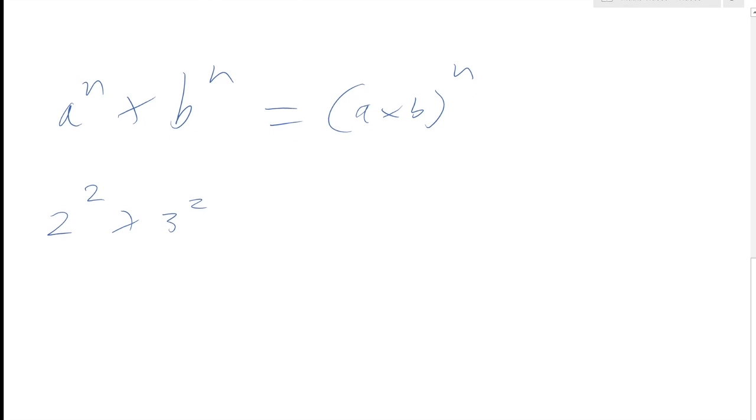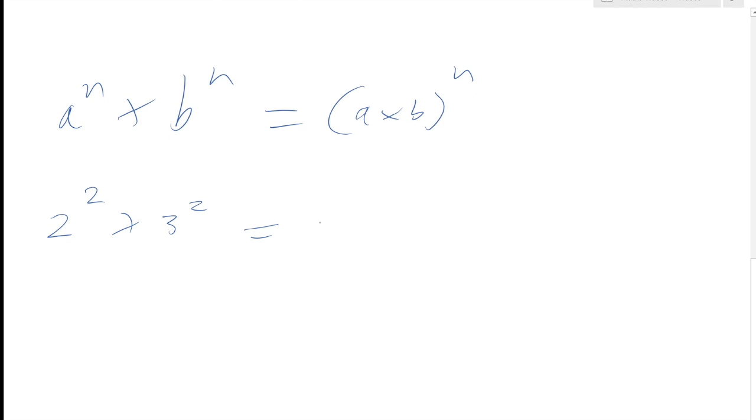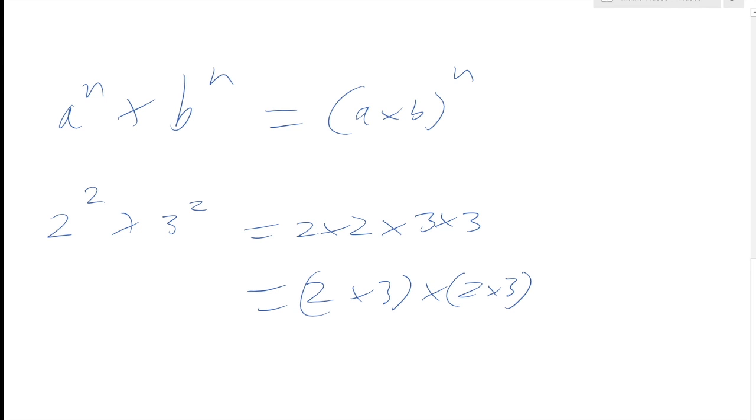Obviously, we know that 2 squared equals 2 times 2 and 3 squared equals 3 times 3. And when multiplying that together, we can write that as 2 times 3 times 2 times 3, because multiplication is commutative, which means that the order in which you multiply the two things is the same, i.e. 2 times 3 is exactly the same as 3 times 2.